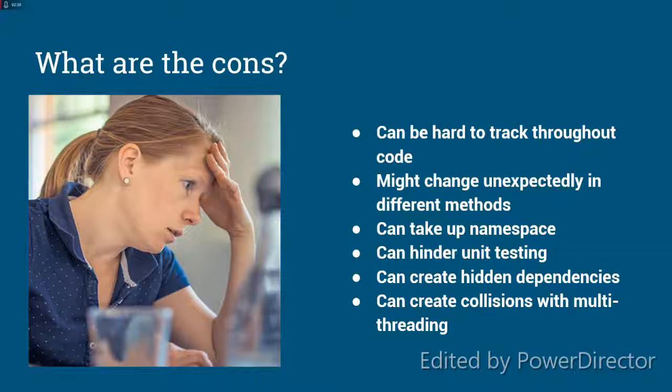Therefore, it becomes a race to see who changes the singleton first, which can of course cause crashing and other problems. And so the best way to avoid this issue is to throttle the user access, to make it so that only one thread and only one person can change the singleton at a time. Once again, this is only necessary if the singleton is volatile or is able to be changed.